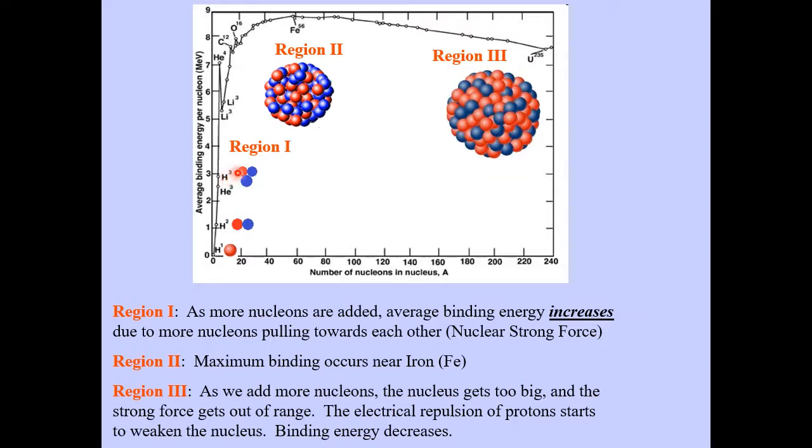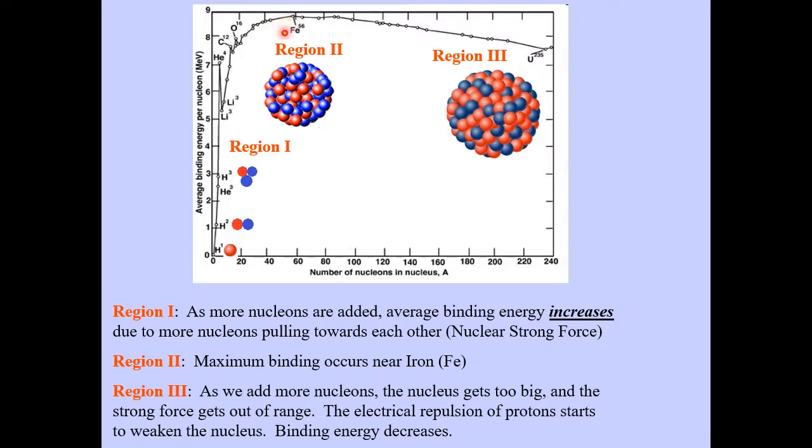The reason for this is each one of these nucleons is bound to 2 more. If you think of these like powerful magnets, it's harder to pull a magnet away from 2 other magnets than from 1 other magnet. So these 3 nucleons are held together much more strongly than these 2 because there's more particles pulling on them. So as we go up this ladder, we see that as we add more and more protons and neutrons to the mix, we get a higher and higher average binding energy.